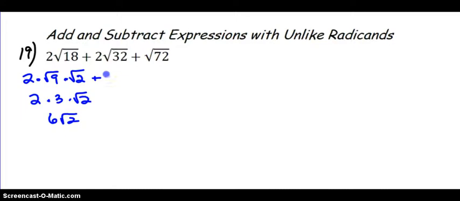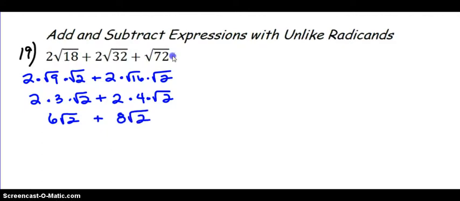Root 32, I'm going to simplify. Biggest perfect square factor is 16. So that would simplify to 8 root 2. And finally, root 72 has a perfect square factor of 36. We are going to simplify that to 6 root 2.